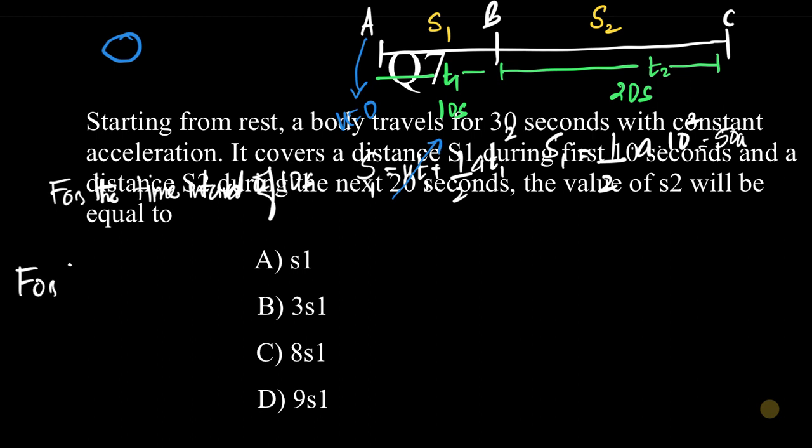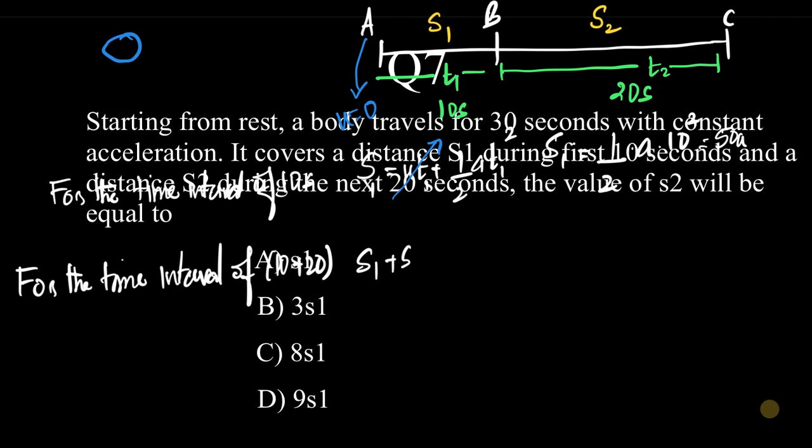Now, for the next interval, we're not going to take 20 seconds, we're going to take the whole time interval, which is 10 plus 20, 30 seconds. We can say that S1 plus S2, which means we are basically covering the whole journey from A to C, is equal to, again the ut term will become 0.